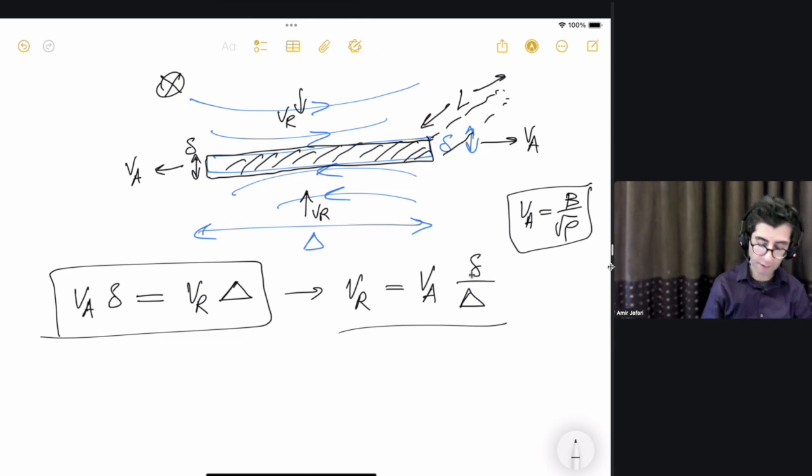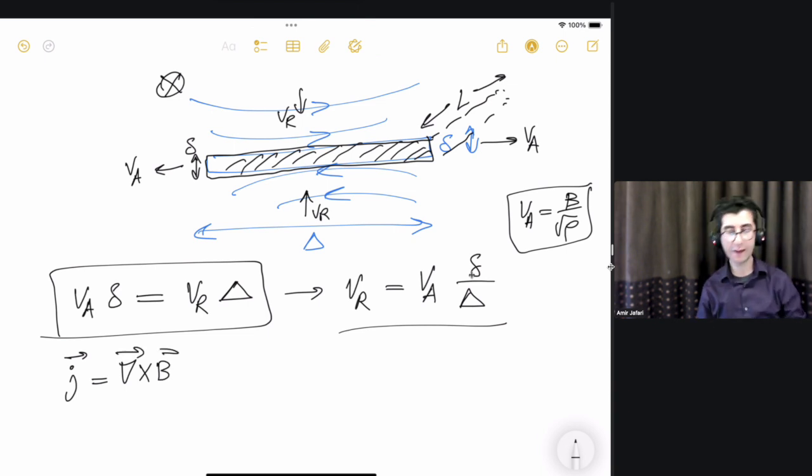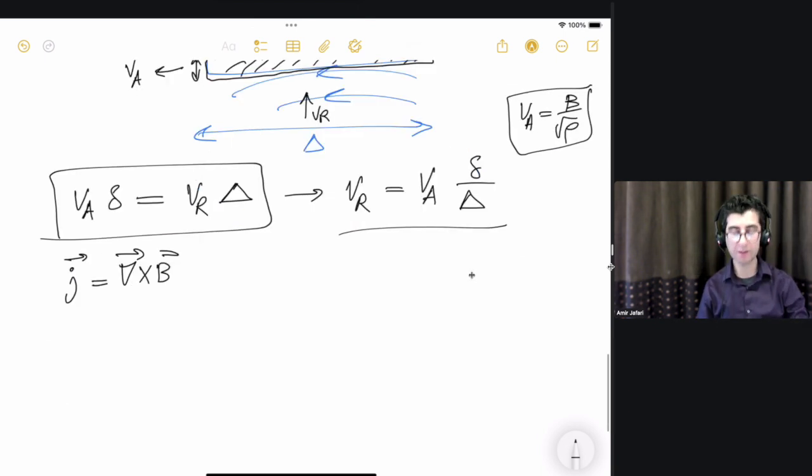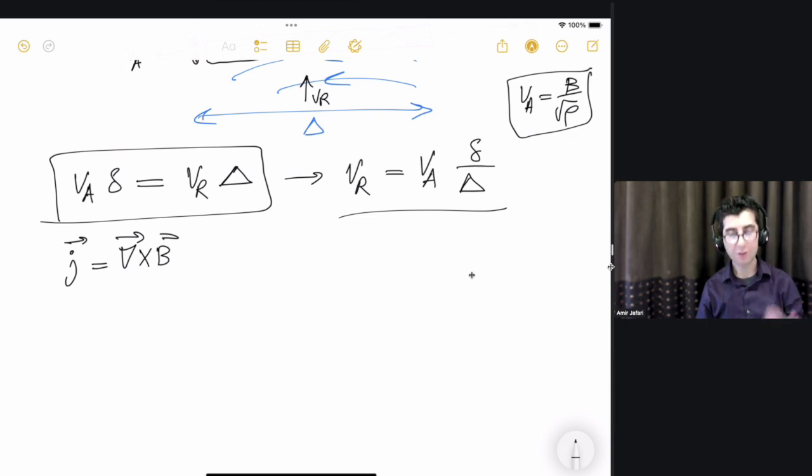current, right? Electric current J is given by this formula. Again, I'm not choosing a unique system of units here. If you're using SI, Gaussian, whatever, you have to worry about different constants. But here we are talking about scaling laws, and in fact, I will use instead of equality some notation for scaling.